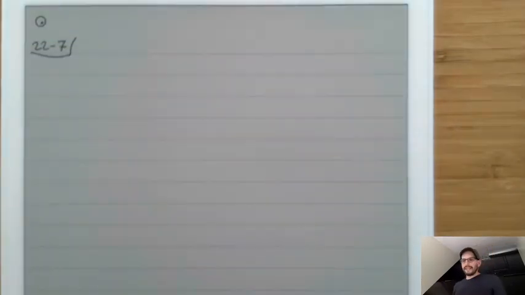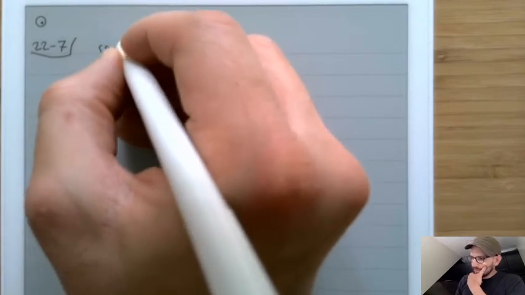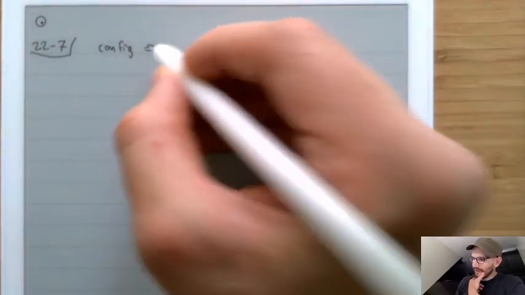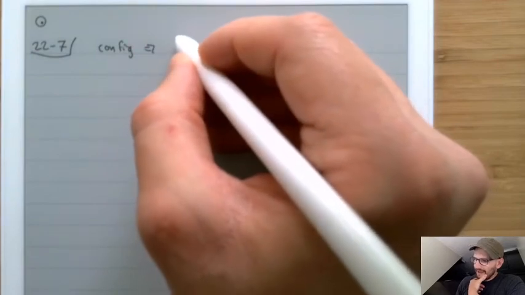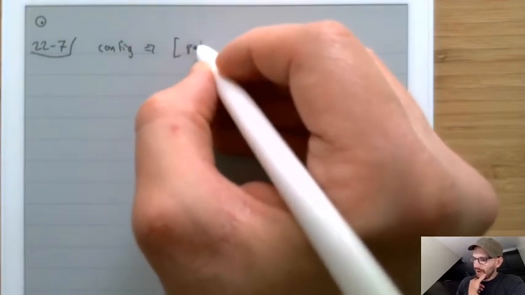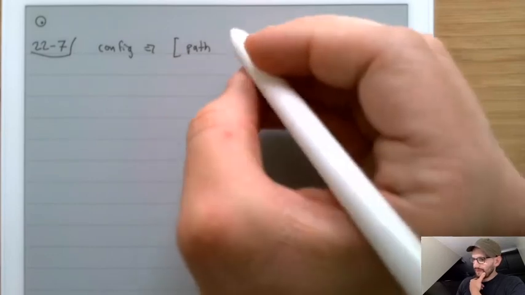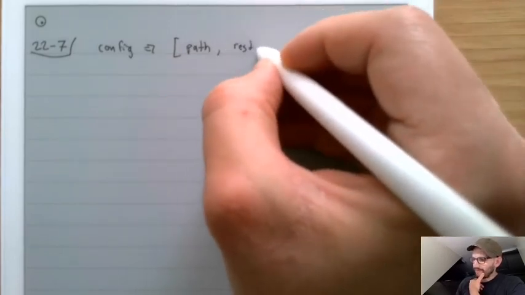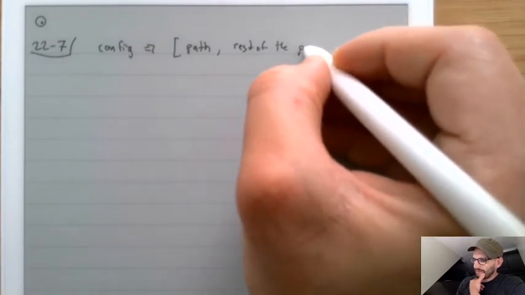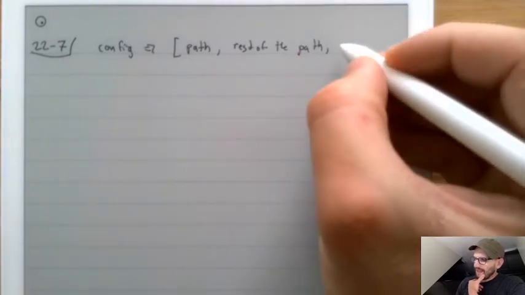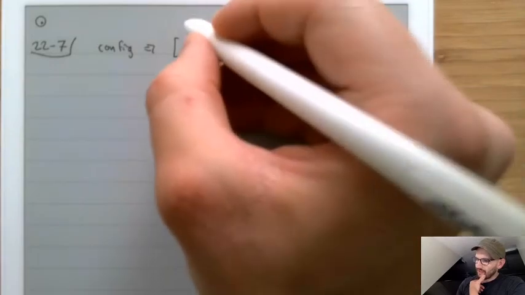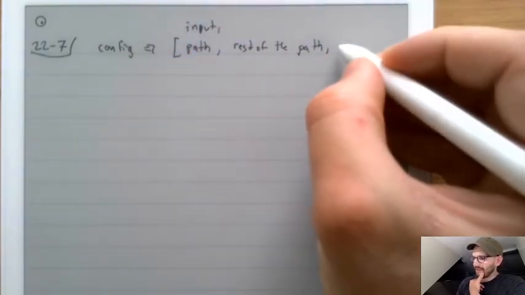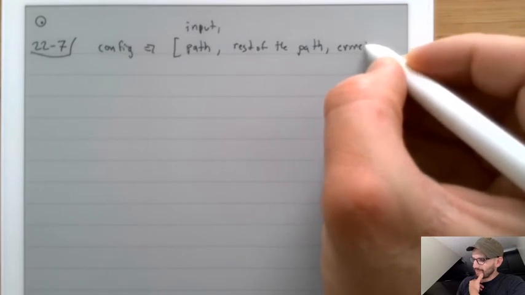We can say that configurations are going to be the input, the path that we're on right now, the rest of the path, and then the current tape.